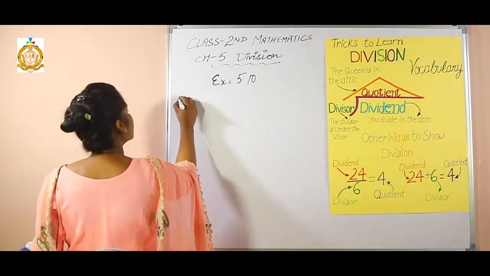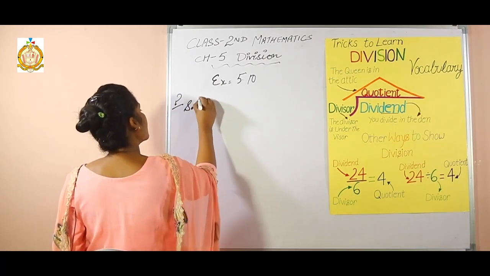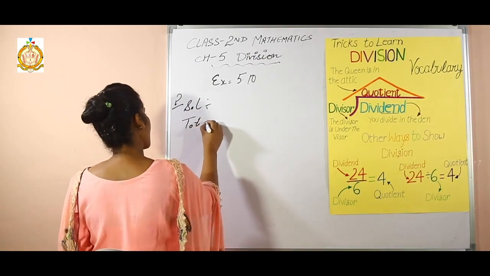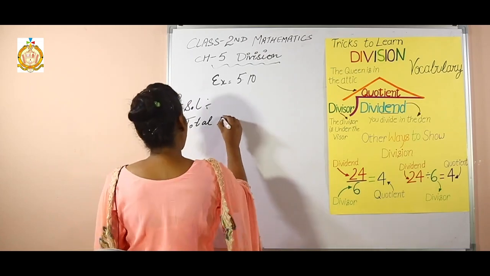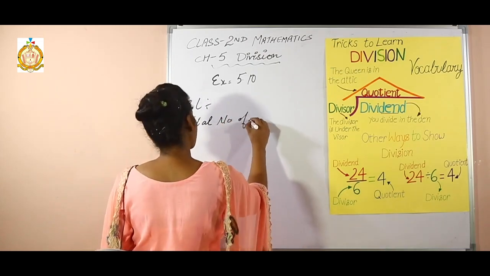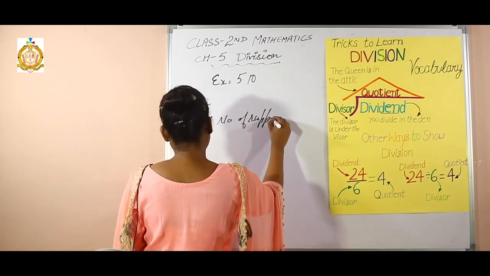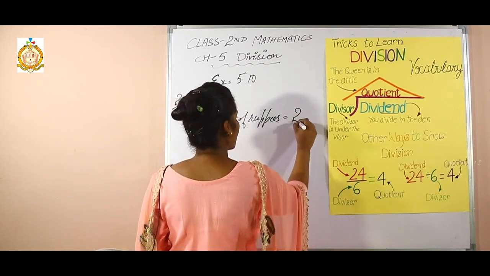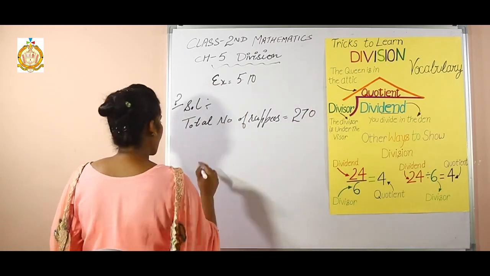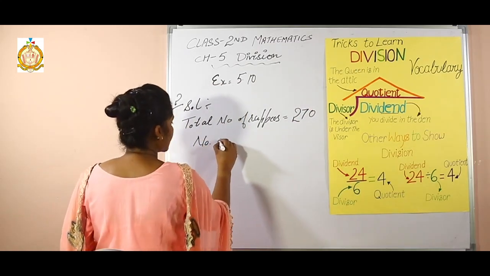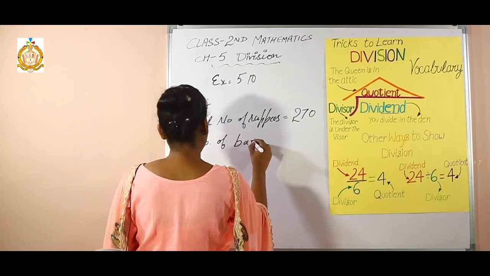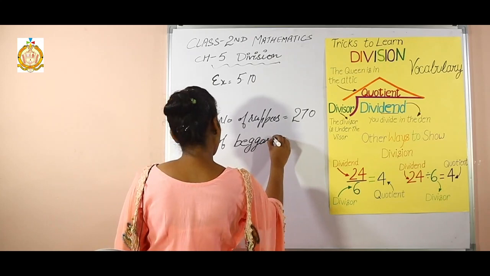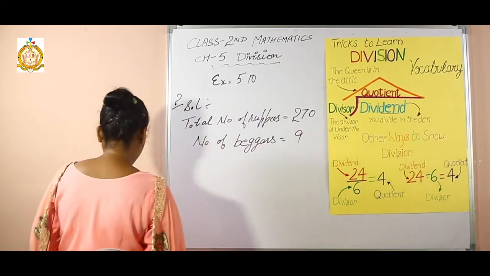So, second sum, solution portion. Then total number of rupees equals 270, and the number of beggars equals 9.